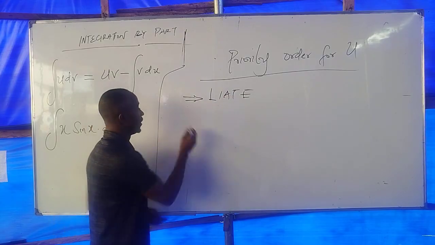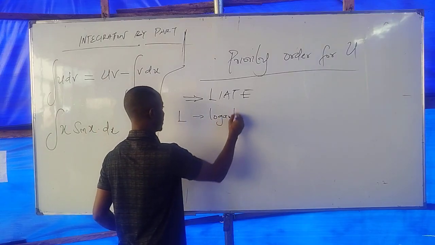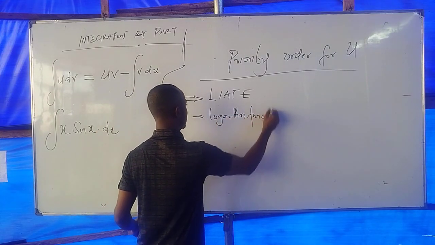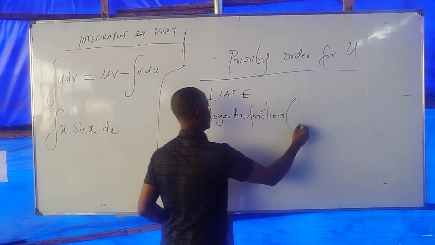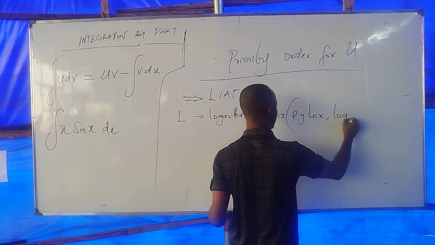What we know here is that L represents logarithm functions, for example ln x and log x.